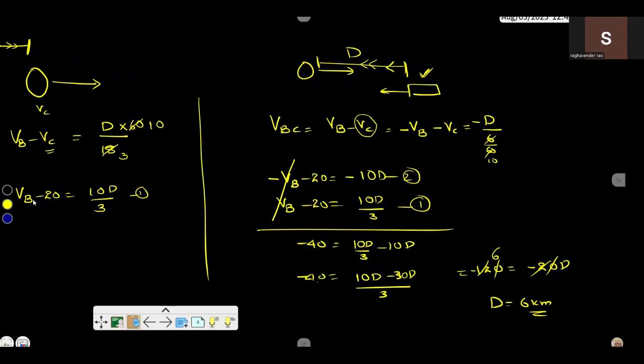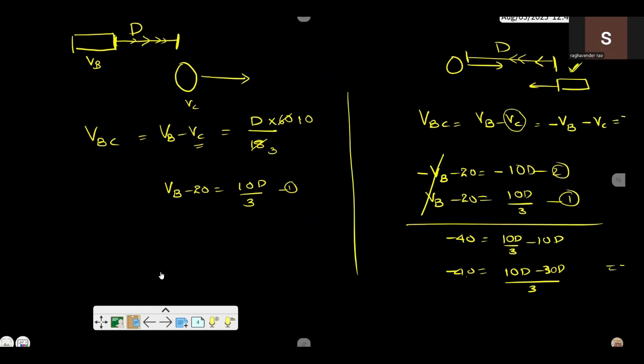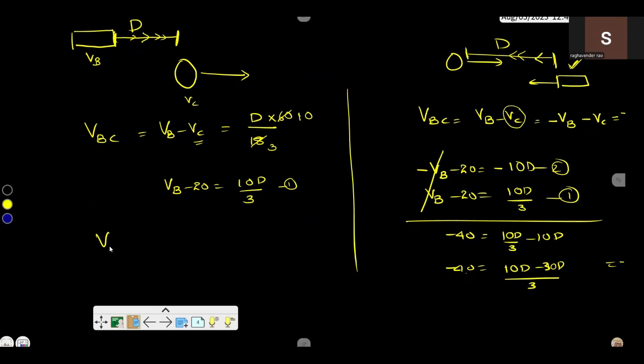With this, we can find the velocity of the bus by substituting in any of the equations. Whichever equation you want, you can substitute. Velocity of bus minus 20 is equal to 10 into 6 by 3. So the velocity of the bus we have got as 40. Velocity of the bus is equal to distance traveled by time. The velocity is 40 and the distance traveled is 6 divided by time.